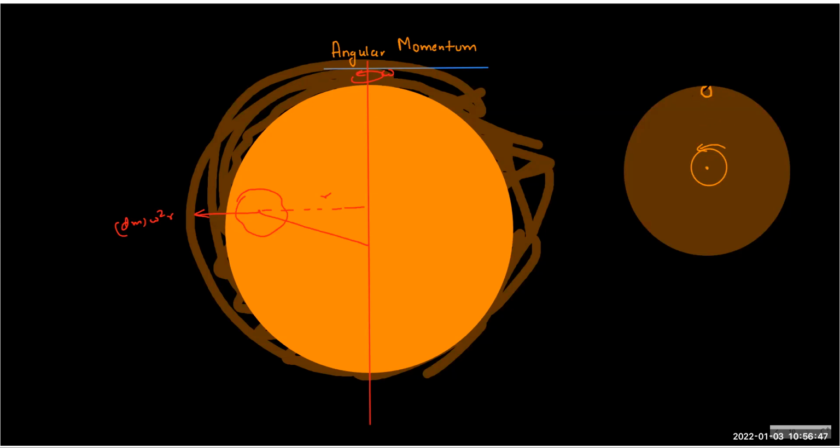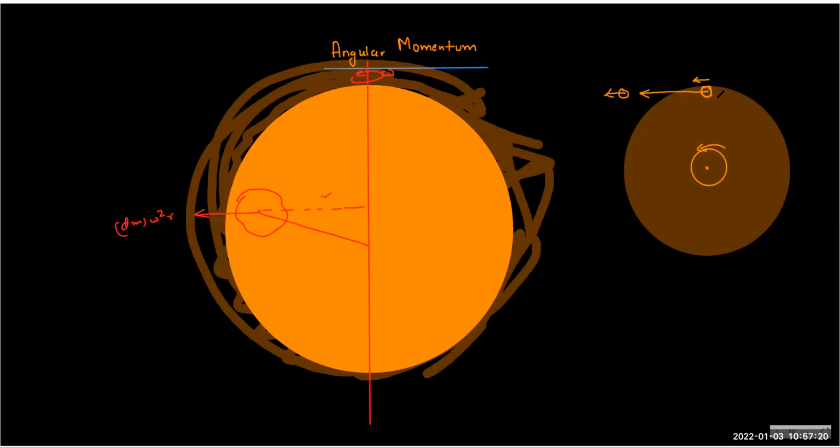It will try to detach tangentially like this, if you look from the top. And to detach, you have to move faster than the velocity of this periphery. It means some force will act on the mass here, which will accelerate it further, and therefore this point will leave the sun and move independently like this.